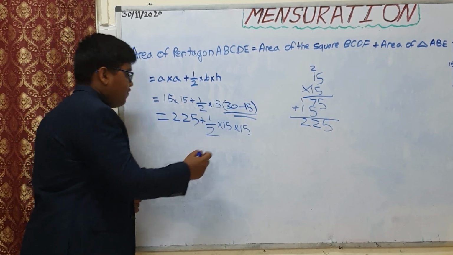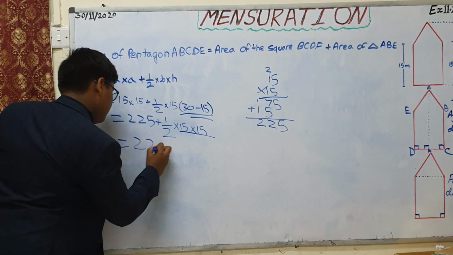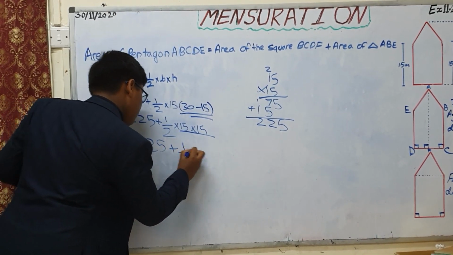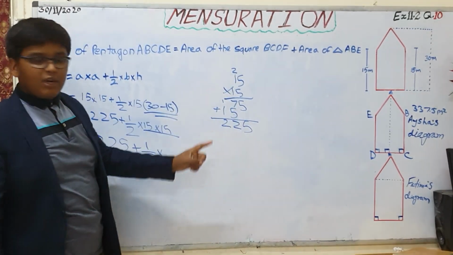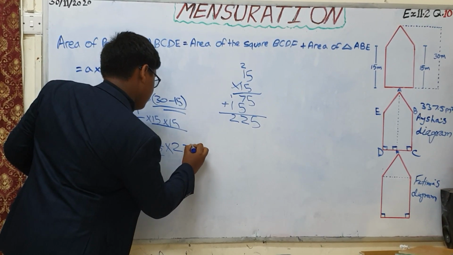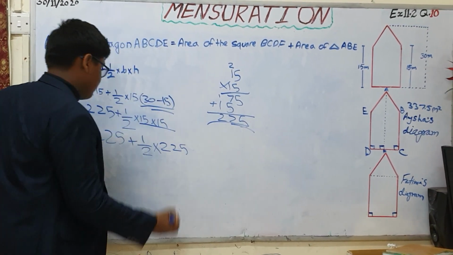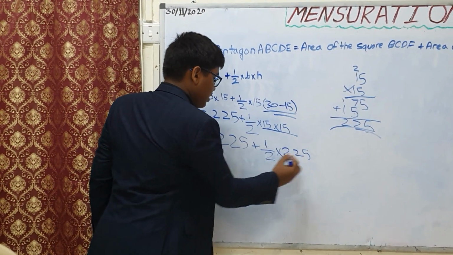So what we did, we are going to do here also. So it equals 225 plus 1 by 2 into, now what we did here, we are going to do it again here. So we will get the answer 225 as we got here. So 225.